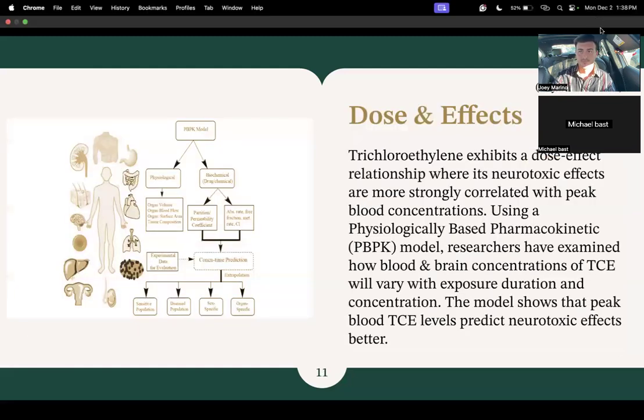Okay. On to the doses and effects. Trichloroethylene exhibits a dose-effect relationship where its neurotoxic effects are more strongly correlated with peak blood concentrations.